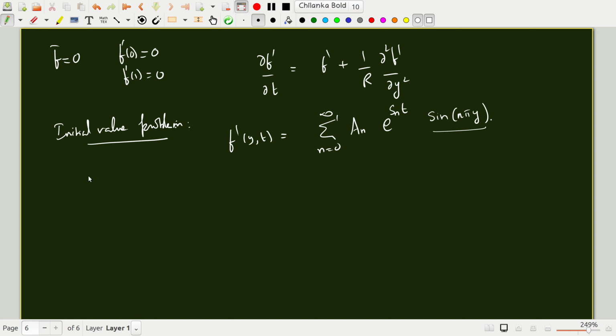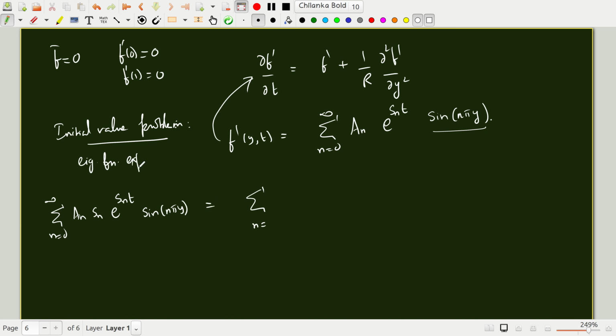So, if you substitute this back in here, then you will get the summation n is 0 to infinity of a n s n e to the s n t sin n pi y. This is also the eigenfunction expansion method to solve PDEs.